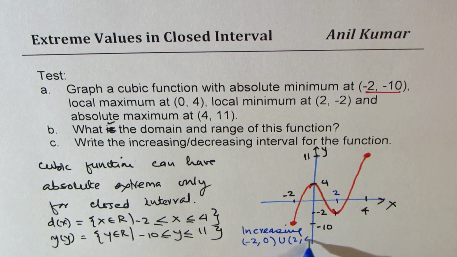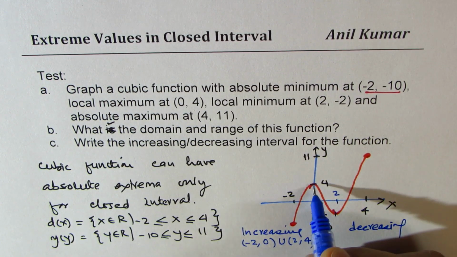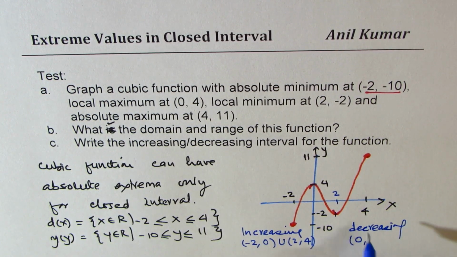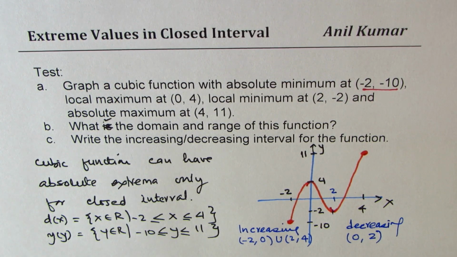Union we can write 2 to 4. So that is the increasing interval. As far as the decreasing interval is concerned, it is decreasing in between from 0 to 2. Correct? So that is how you can answer this question. So I hope it makes sense.